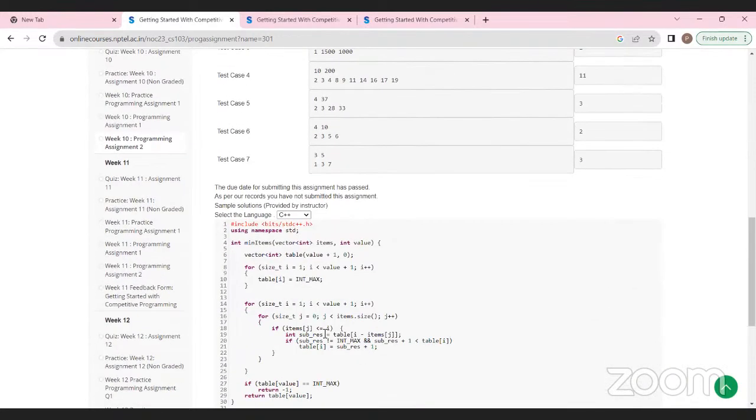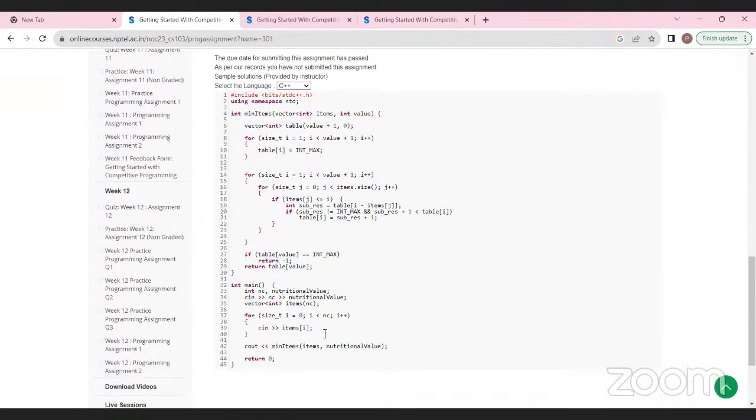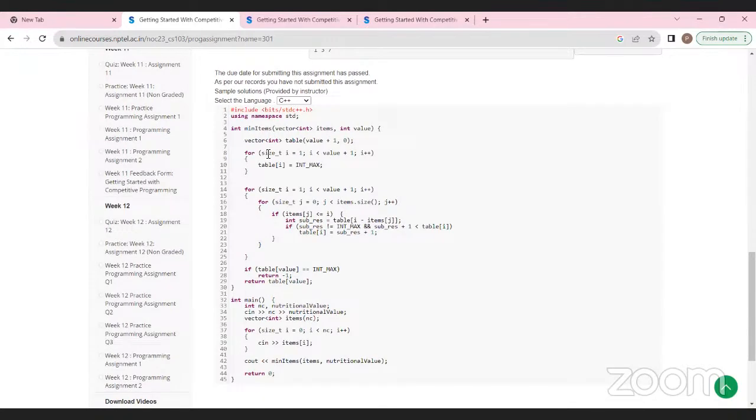The solution is based off dynamic programming. All you have to do is check the value, meaning it's a loop on the value itself, and for each value you have another inner loop where it goes through all the items for that value.